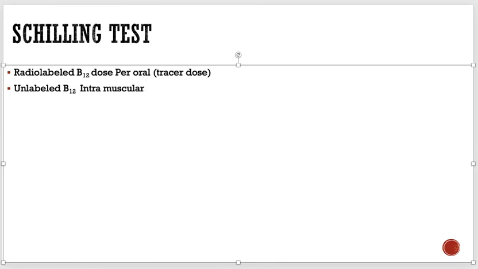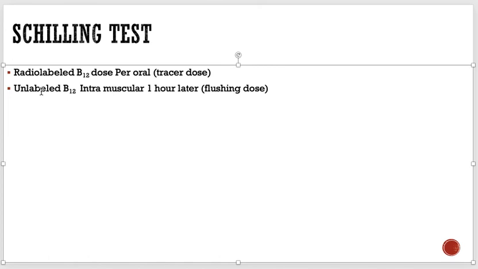Around 1 hour later of giving the tracer dose, we give what is called the flushing dose. So we give a radio labeled per oral tracer dose, and we give an unlabeled intramuscular flushing dose. Why are we giving this?